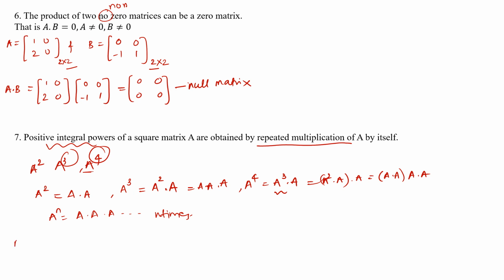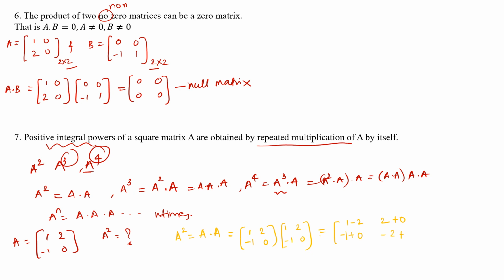So suppose we have a matrix A, 1 2 minus 1 and 0, and suppose we have to find A square. As the property says, A square can be written as A into A, so this will be 1 2 minus 1 0 into 1 2 minus 1 0, so this will be 1 minus 2, 2 plus 0, minus 1 plus 0, minus 2 plus 0.